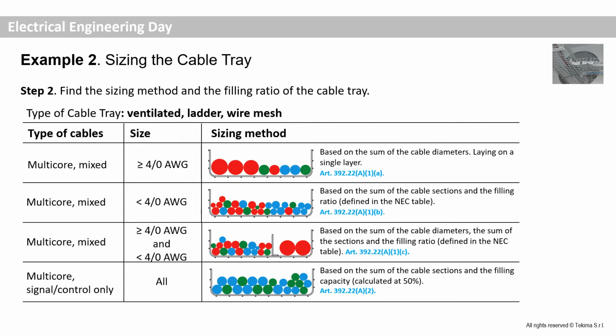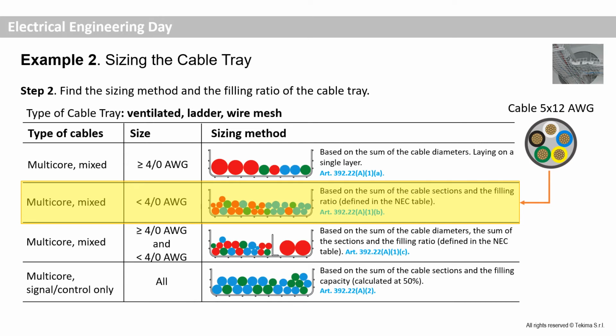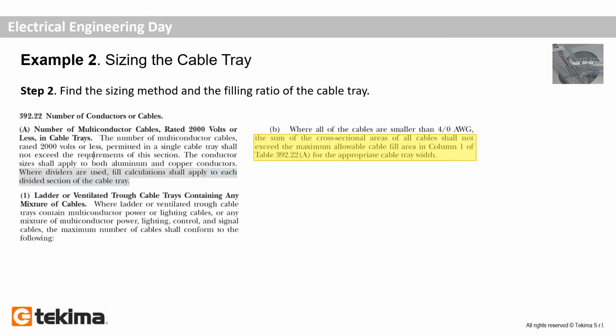For this example, we are considering a multi-core cable 12 AWG installed in a ventilated cable tray. That means we have to follow the rules defined in Article 392.22(A)(1)(b) that says the sum of the cross-sectional areas of all cables shall not exceed the maximum allowable cable fill area defined in the table.